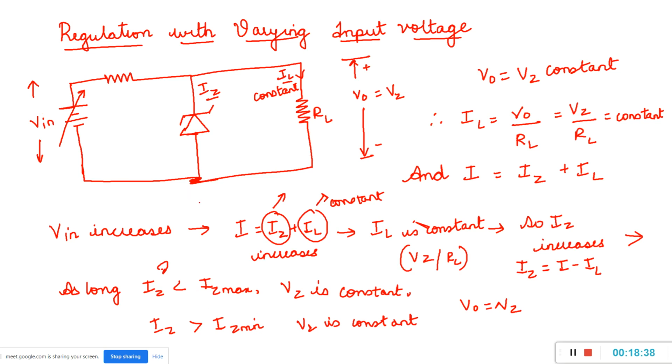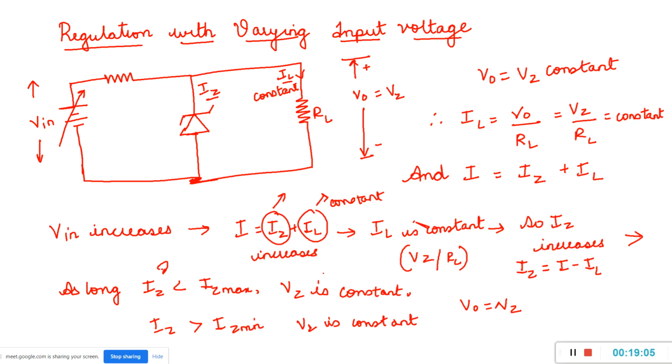So in this particular circuit, voltage increases, current increases. Because IL is constant, only Iz increases. Iz is equal to total current minus IL. As long as Iz is lesser than Iz max, Vz is constant. So we are getting constant voltage even though we vary the input voltage, whether we increase or decrease it.